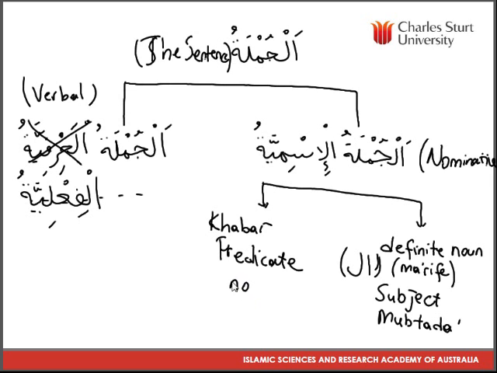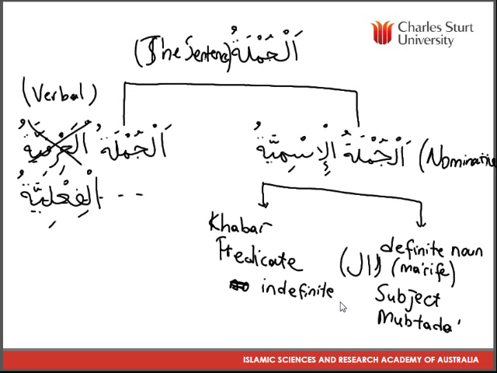It is called khabar, and it has to be indefinite. If both of them are definite, it will become an adjective, not a sentence. That's why it is important to understand this concept.